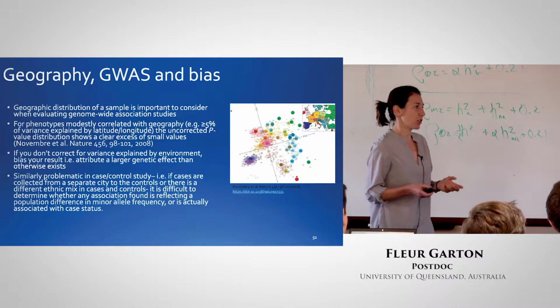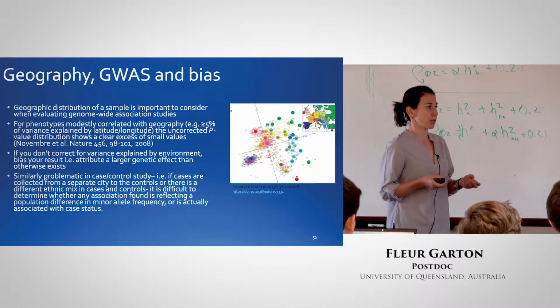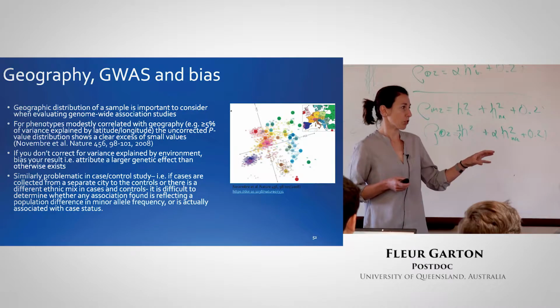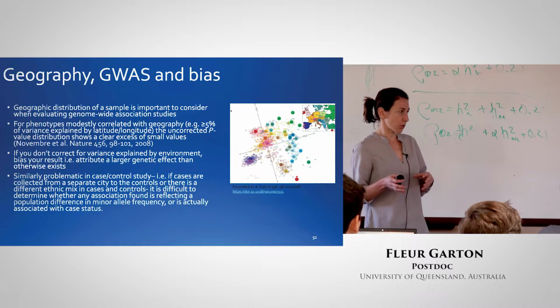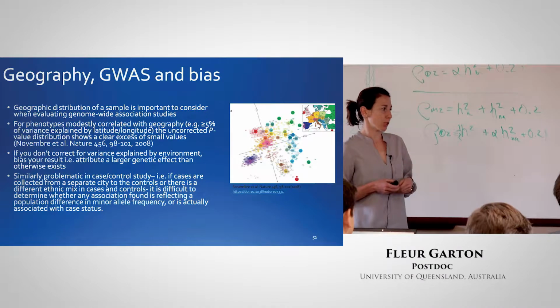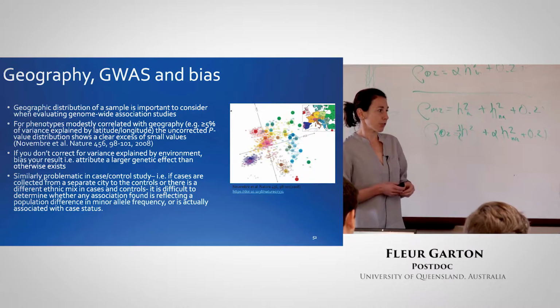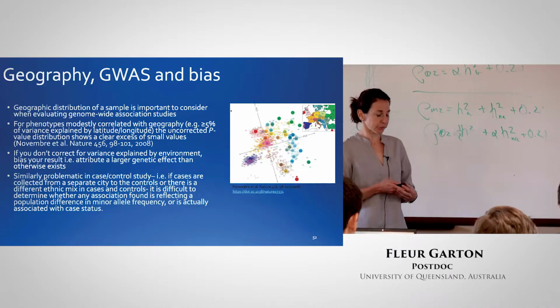You've heard about the sushi and chopsticks example. This is similarly problematic. So if cases are collected from a separate city to your controls, or you have a different ethnic mix in your cases and controls, then it's difficult to determine whether any association that you find is actually reflecting a population difference in minor allele frequency or is actually associated with case status.